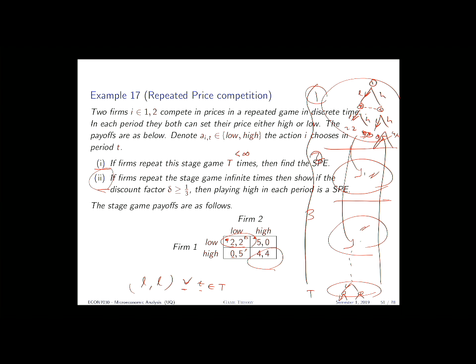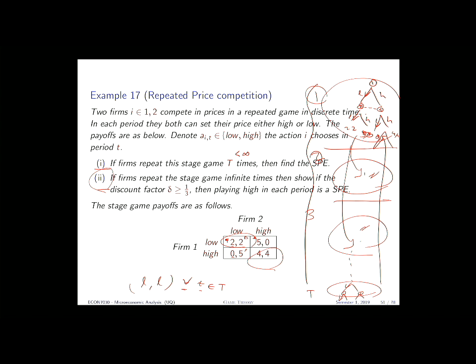So the service stations say we put a high price on the board as long as there's no history of a low price from the other firm. And if the other firm suddenly decides in one period to cheat and shift to a low price, then we'll punish both ourselves and them by choosing a low price for the rest of the years that we're ever going to play this game together.